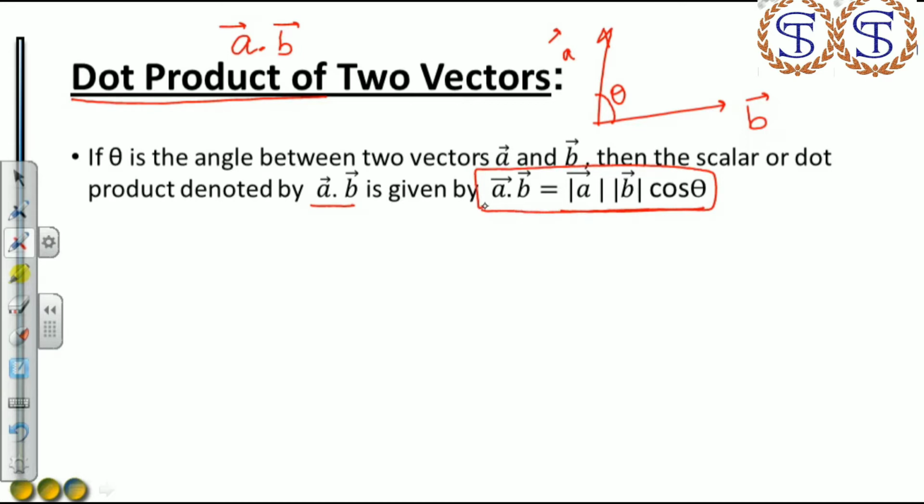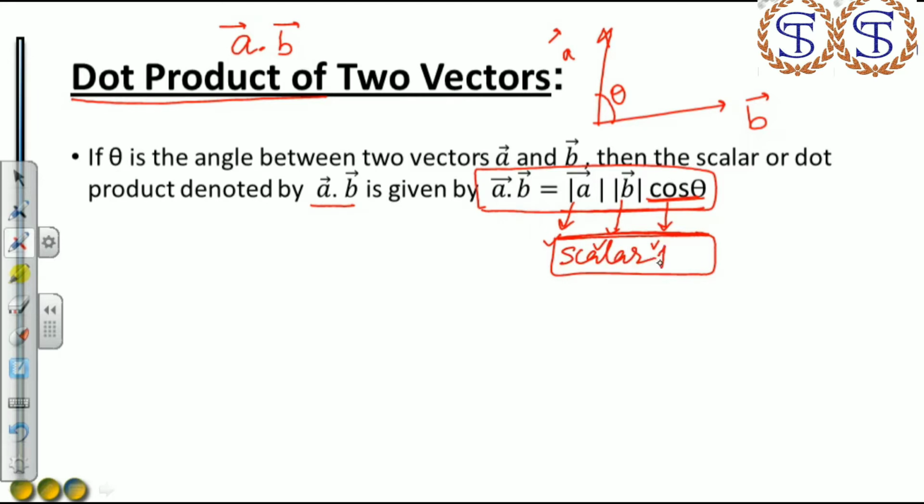In this dot product, A is the magnitude of A, which is a constant quantity, B is again a constant, and cos theta is also a real, constant quantity. All these three things, A, B and cos theta, are real numbers and have no direction.